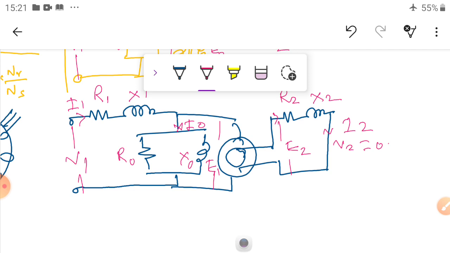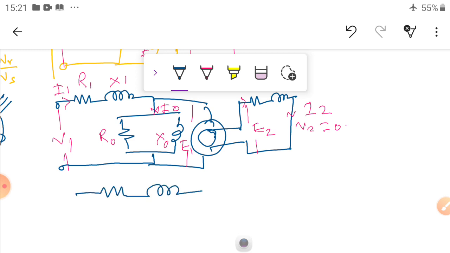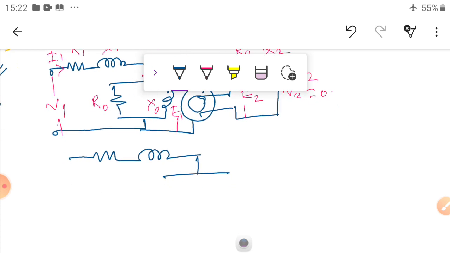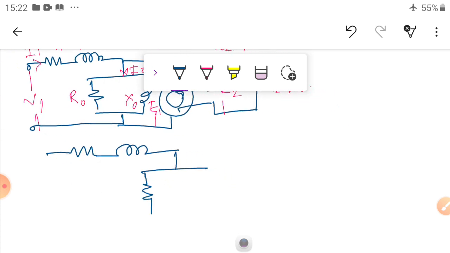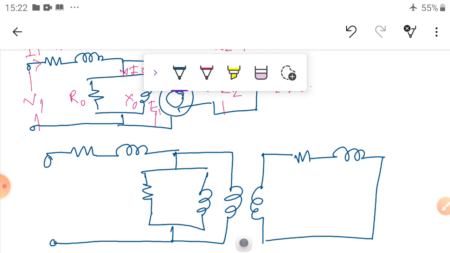Now this can be written with resistance and inductance connected, simply just like a transformer. This is shorted.